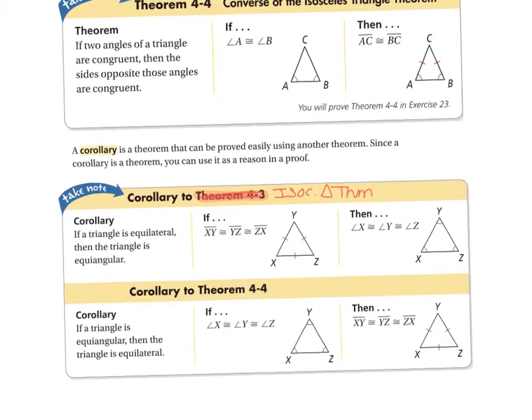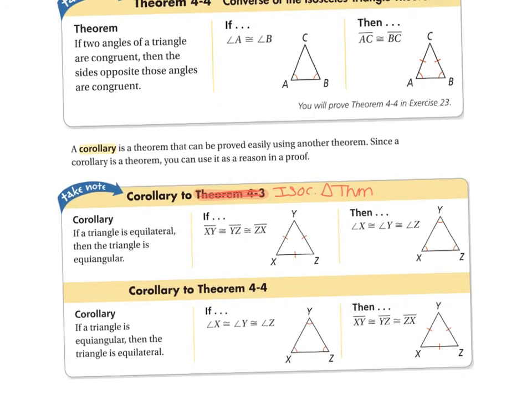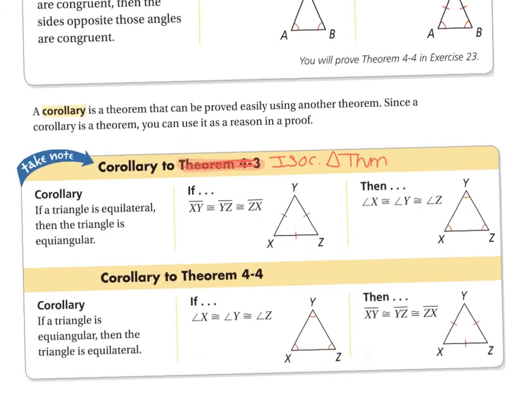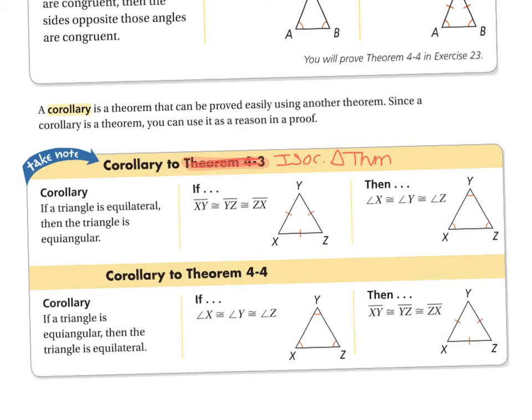So this is for equilateral. So if a triangle is an equilateral, then the triangle is equiangular. So we kind of talked about this before. So if all three sides are congruent, then that means all three angles are congruent. And then the other one that's the corollary to 4.4 would be if all the angles are congruent, then all the sides are congruent. So that's something else that you need to know and have memorized.